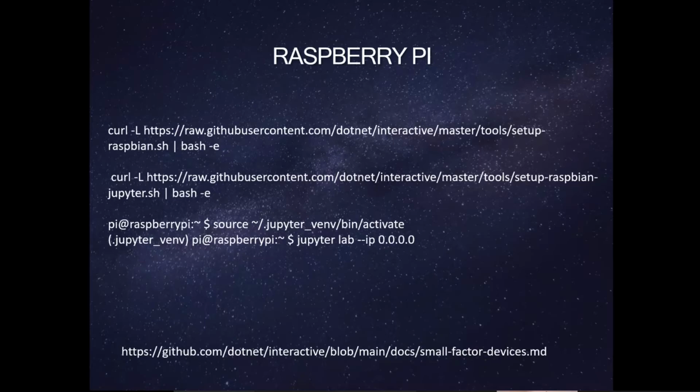It would install everything that you need in order to run .NET on that device. And of course, this one would install Jupyter Notebooks and link .NET Interactive to your Jupyter Notebooks. And then after that, you can run Jupyter Lab.